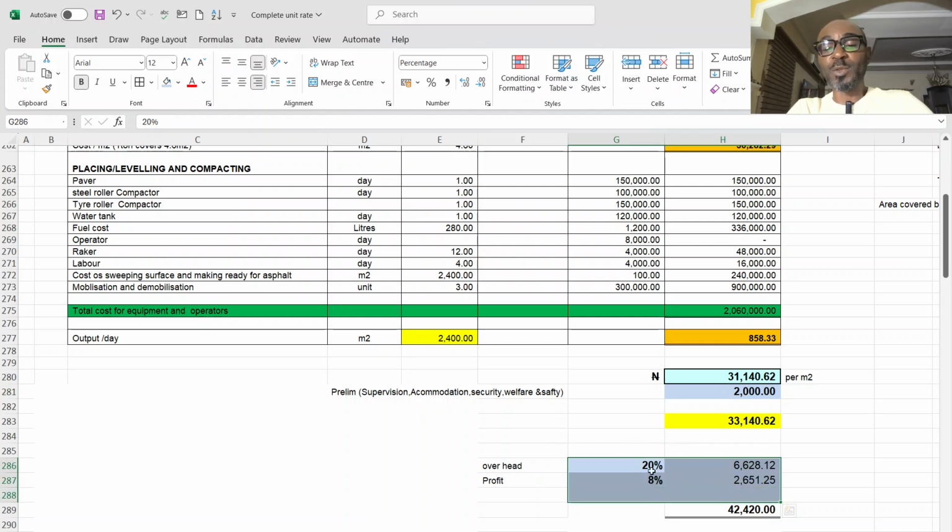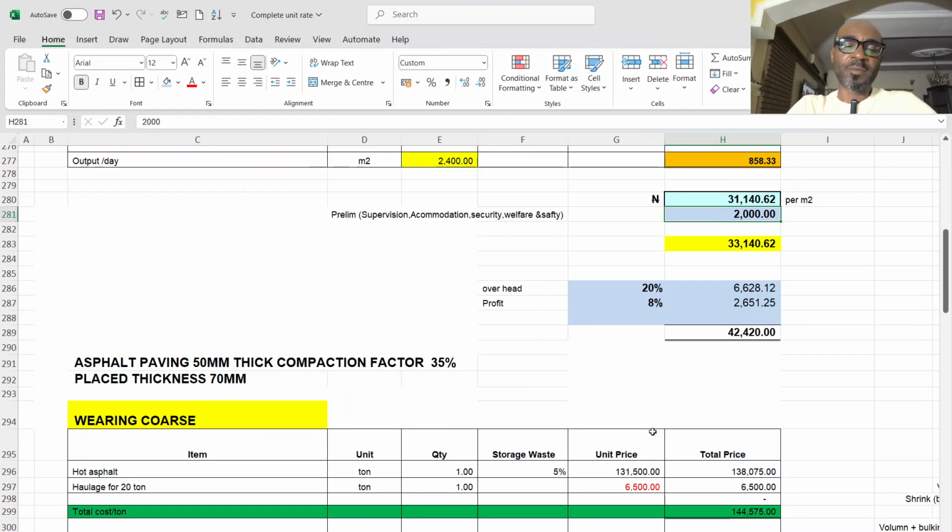So whatever you need to change, the profit, the overhead, it is your choice. Then the indirect cost: you know the project, you have the brief of the project you are pricing, you have the complete bill, so you are going to build up your indirect completely. Then it tells you what the cost is.